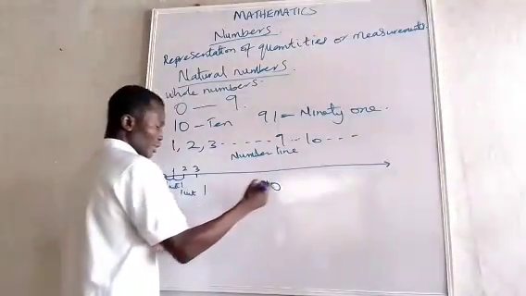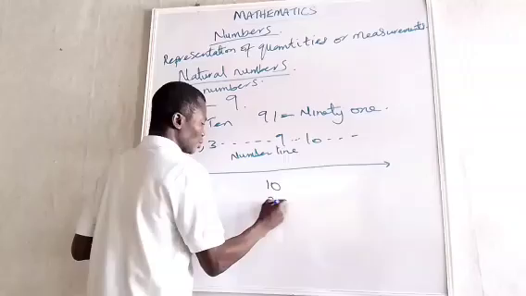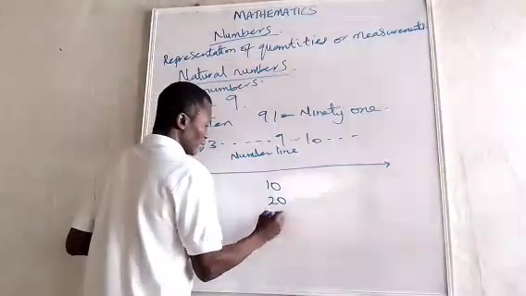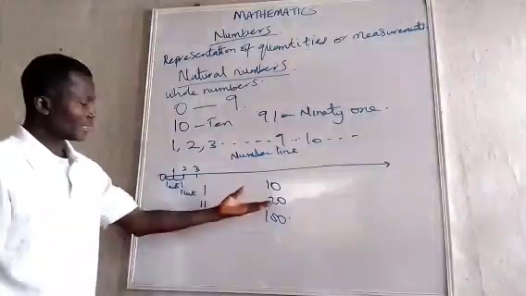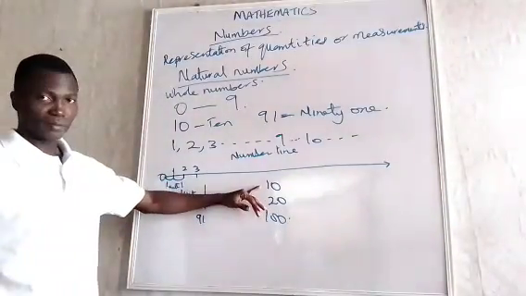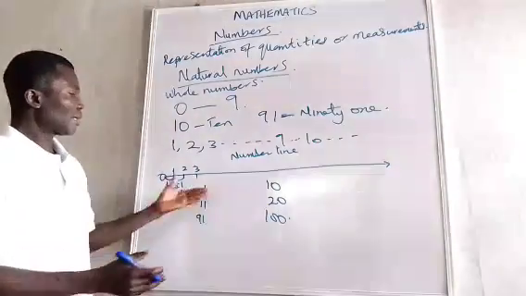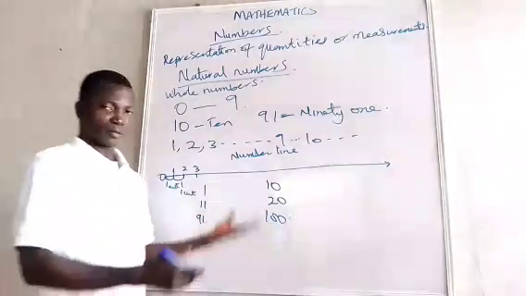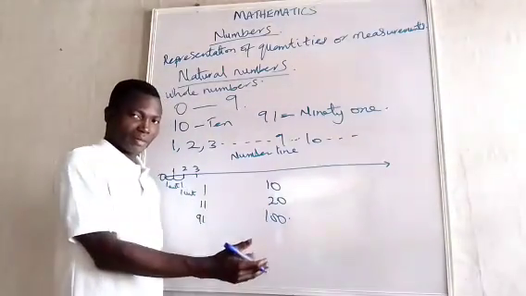Then it increases again, and it gets to 20. It increases, and it gets to 3 or 30.